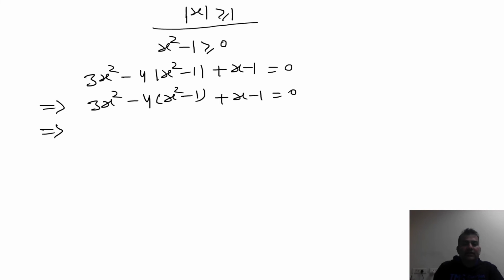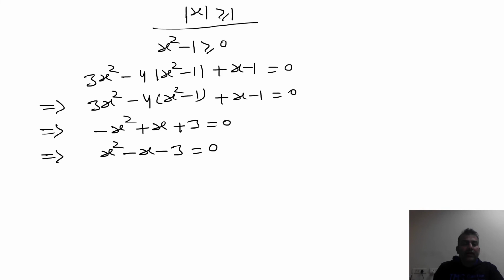And this implies minus x square, and minus 4 times minus 1, so plus 4, plus x, and minus 4 minus 1, so 4 minus 1 is 3, so plus 3 equals 0. And this implies x square minus x minus 3 equals 0.